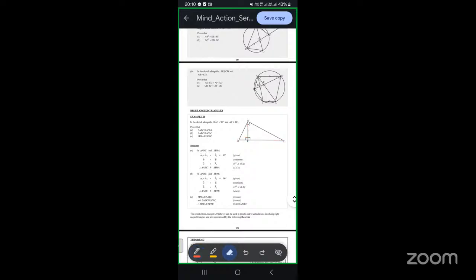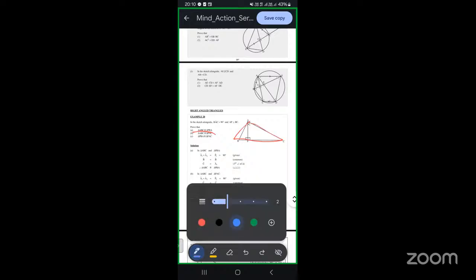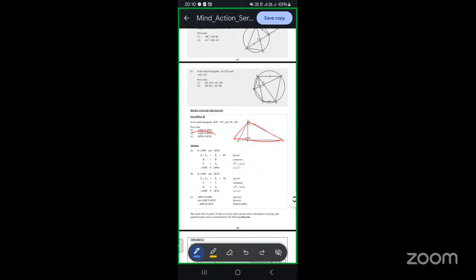Then part A requires us to prove that triangle ABC is similar to triangle PBA. So triangle ABC is the bigger red triangle, and we are required to prove that my red triangle is similar to PBA, my blue triangle. So we know how to prove similarity. Between the red and the blue triangle, this is the common angle, like they said in this line.